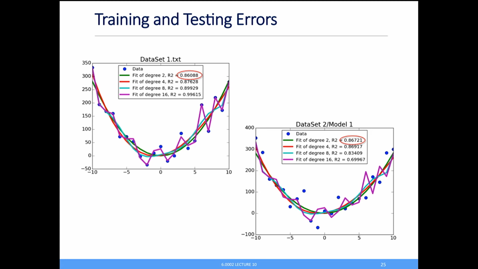It's doing the same kind of job on the training data and on the test data. On the other hand, degree 16, coefficient of determination is a wonderful 0.996 here and a pretty awful 0.699 down there. And that's a sign that we're in not good shape when, in fact, our coefficient of determination drops significantly when we try and handle new data.